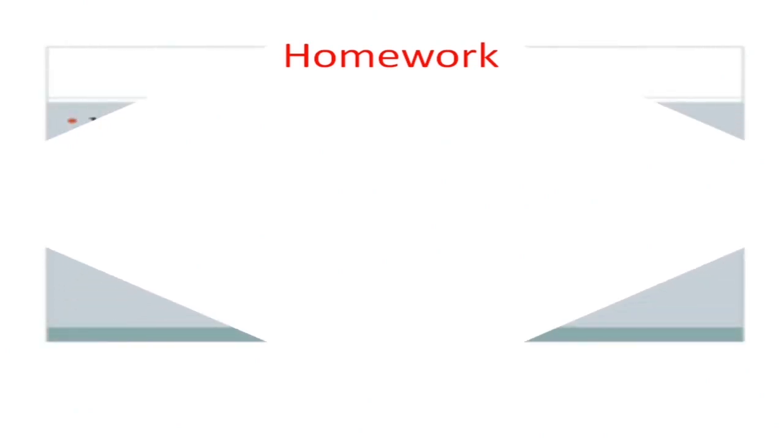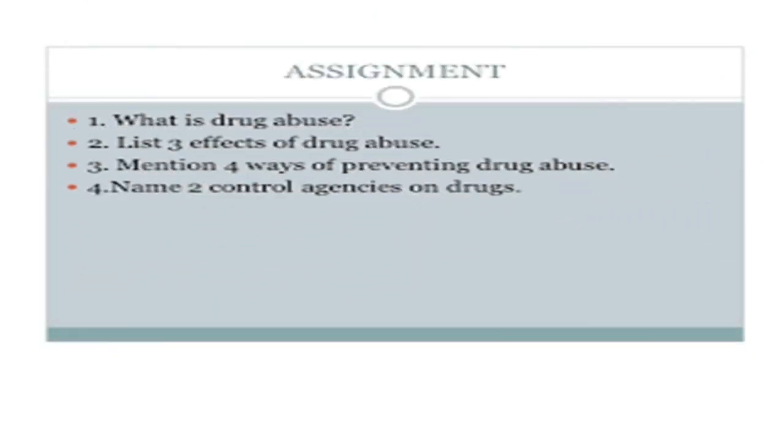Up to there, we come to the end of our lesson. And before I summarize my lesson, I leave you with these questions that you will attempt. And when we meet back in our next lesson, you will be able to discuss with me these questions that I'm going to give you. So this is your assignment that you're going to attempt.